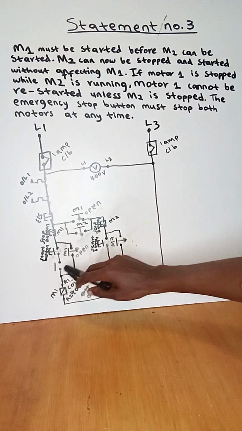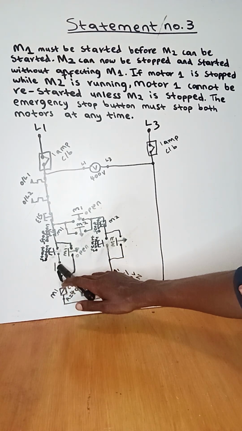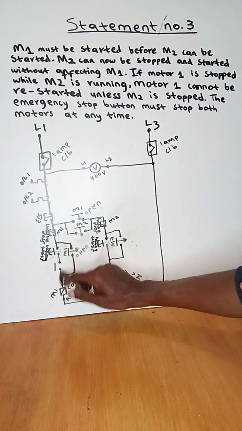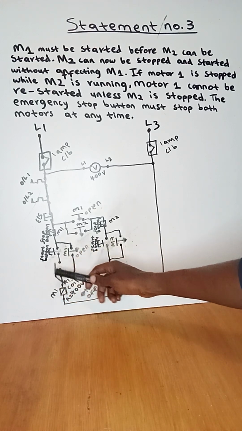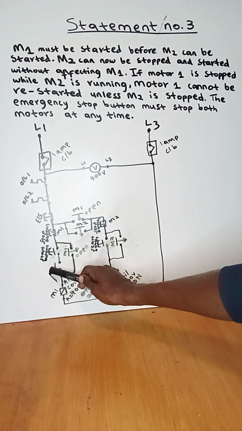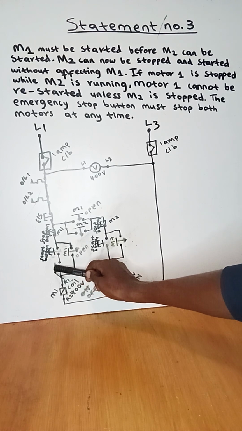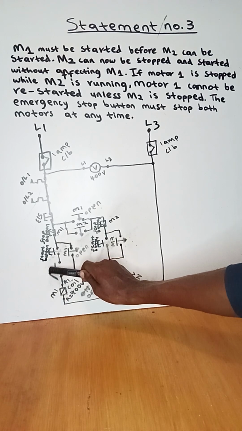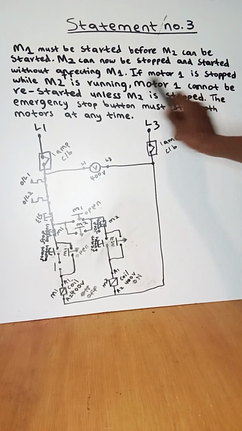Right, there is our normally open contact that disturbs the start button of motor 1, so as not to restart the coil of motor 1 again. But right now we don't know if this normally open contact is for motor 1 or motor 2. Let's check what our statement tells us. It started by saying motor 1 cannot be restarted.